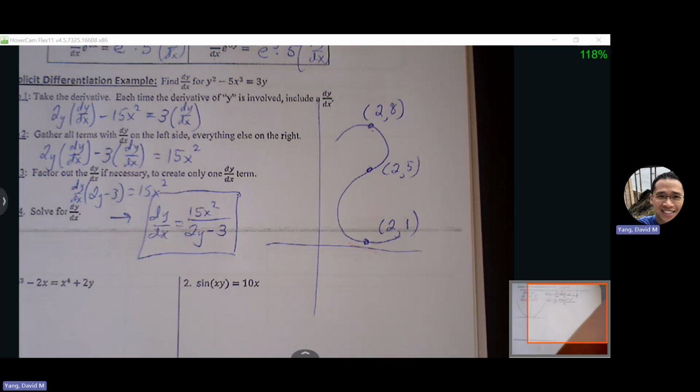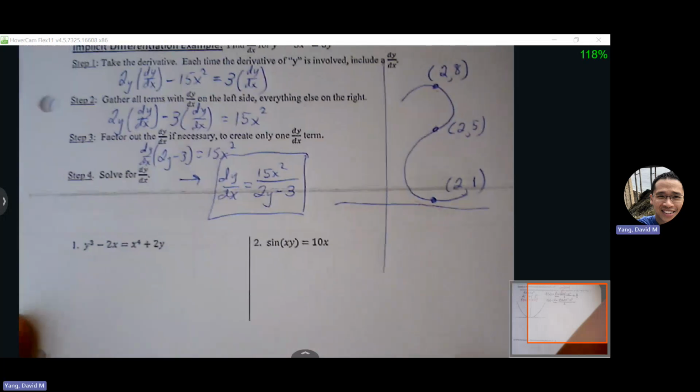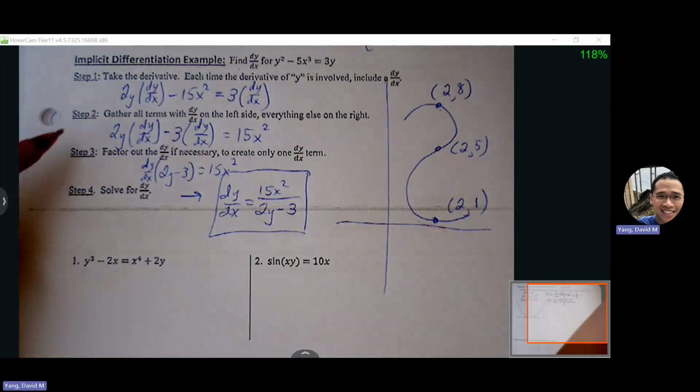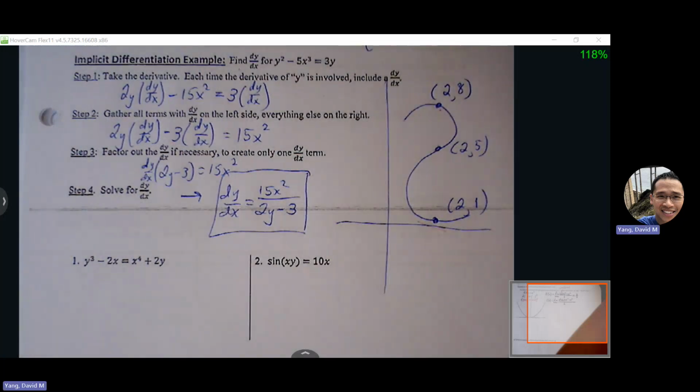Okay, any questions about the steps? All right, you guys want to try number one? Go through that process. Pretty much the same as what we did above. No messy rule, just power rule. Let's just see how comfortable we are with that process.